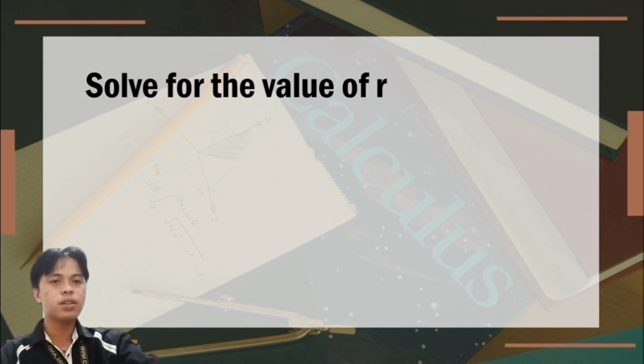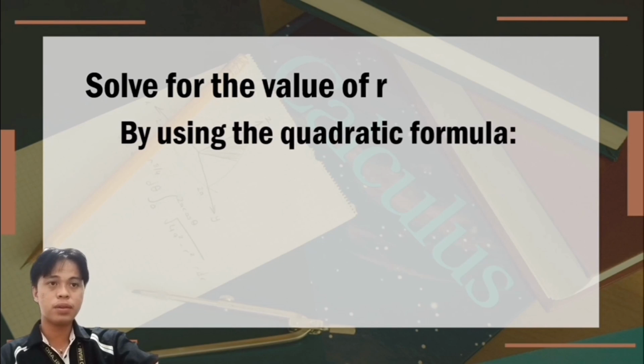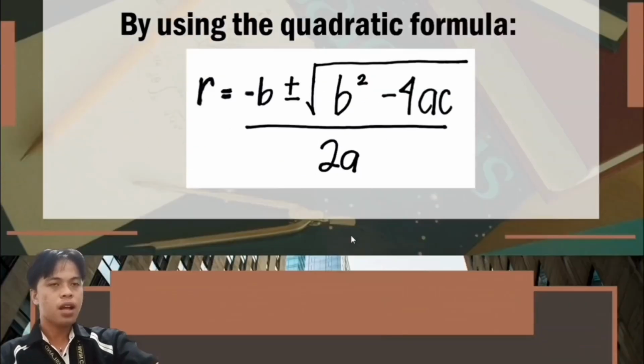Now in solving for the value of r, we have two ways of finding its roots. The first is factoring, and the other one is by using the quadratic formula, r equals negative b plus or minus square root of b squared minus 4ac all over 2a.